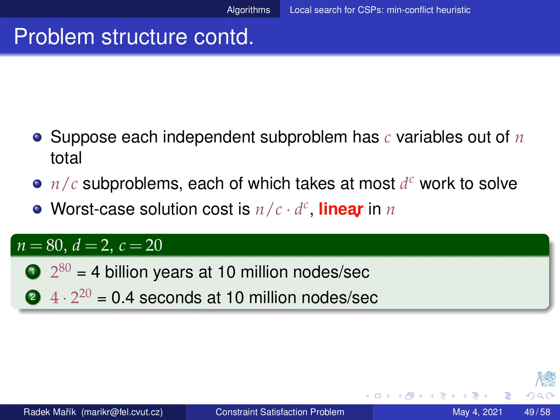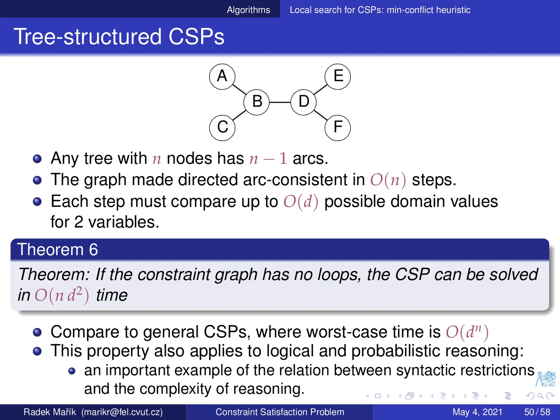The question is, are we able to divide a CSP problem into independent subproblems? Well, in some cases, it's quite easy. For example, for tree-structured CSPs. In other words, if we make a constraint graph, it looks like a tree.